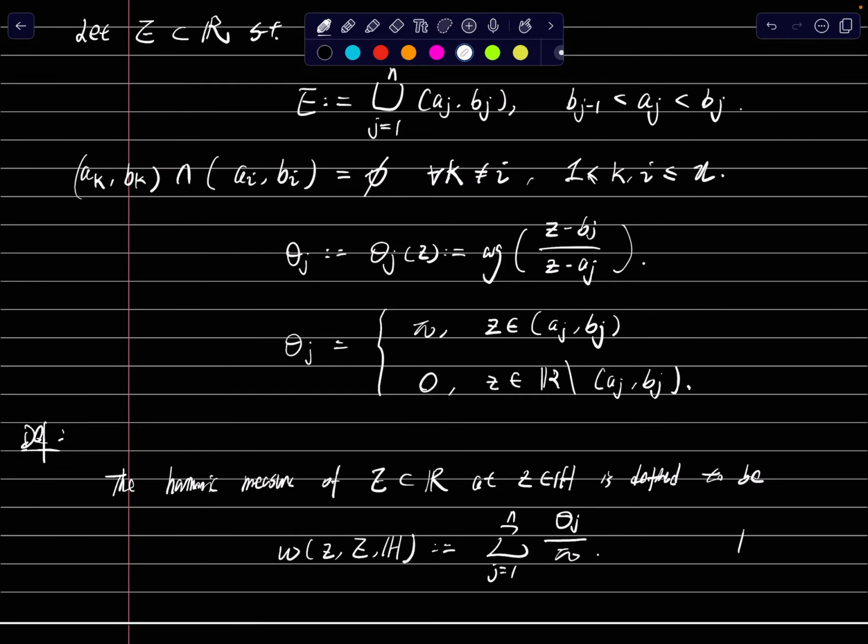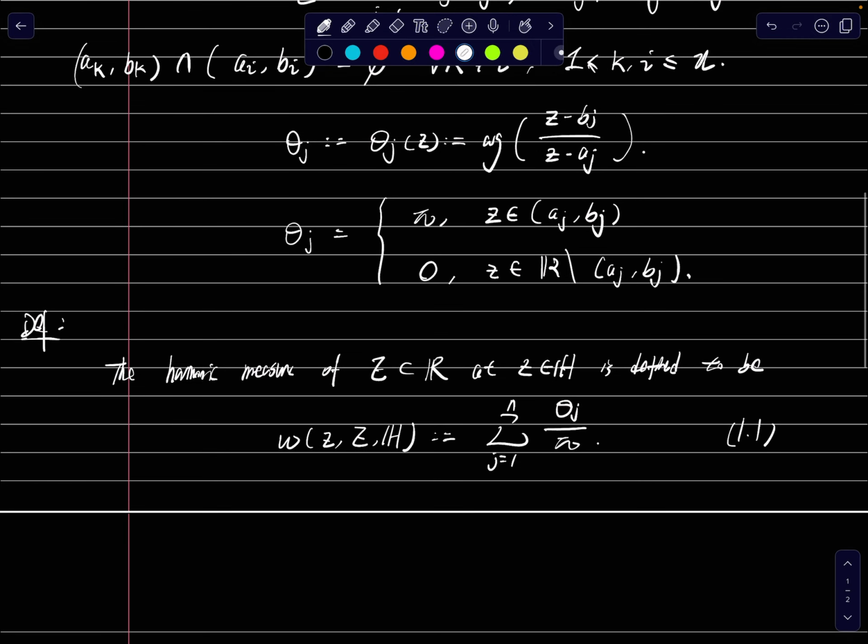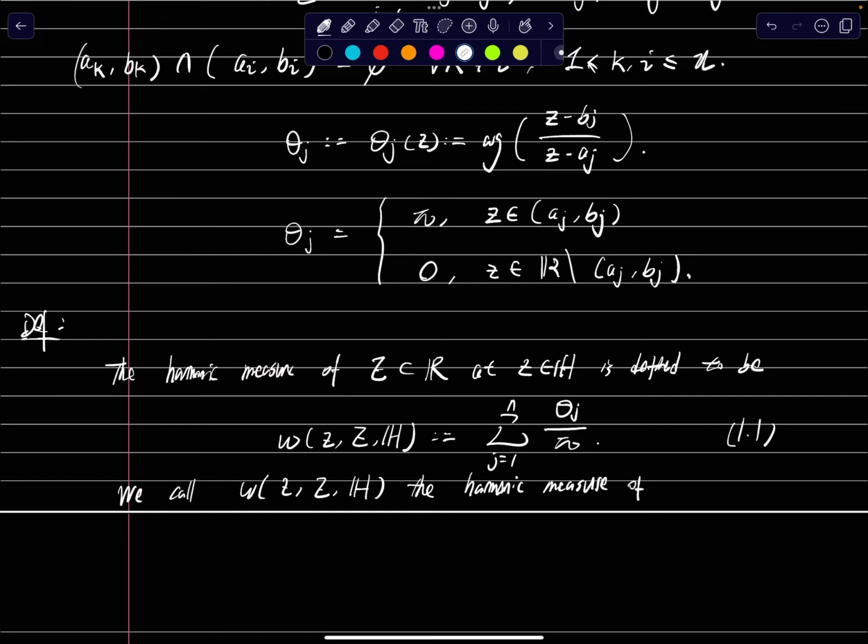We call this equation 1.1. To be precise, we call omega(z, E, H) the harmonic measure of a set, actually for a set of finite union of intervals, in the half plane.